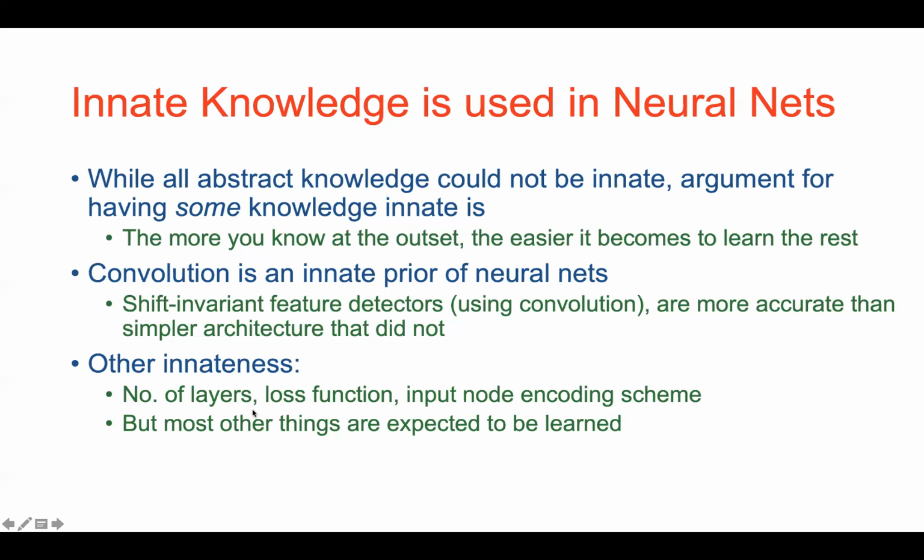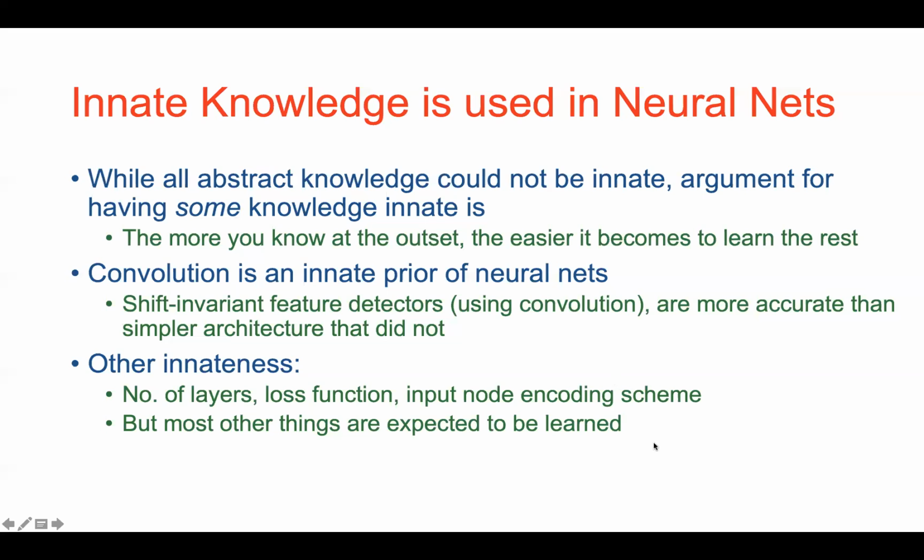So more the better, but also you run the risk of overfitting, surely. Loss function. So we use some specification of loss function. And we use an input-output encoding scheme. For FizzBuzz, we represent the input as binary, and such a decision is made, some innate knowledge. But most of the things are expected to be learned. So there is some innate knowledge.